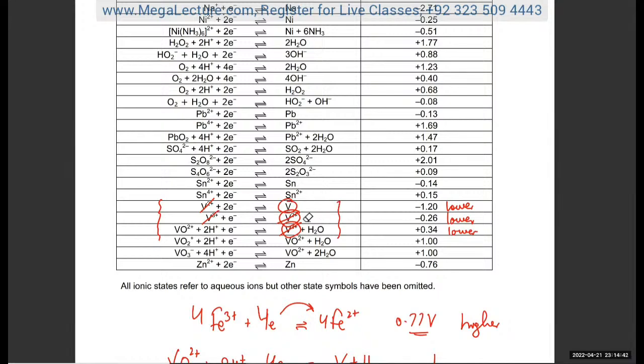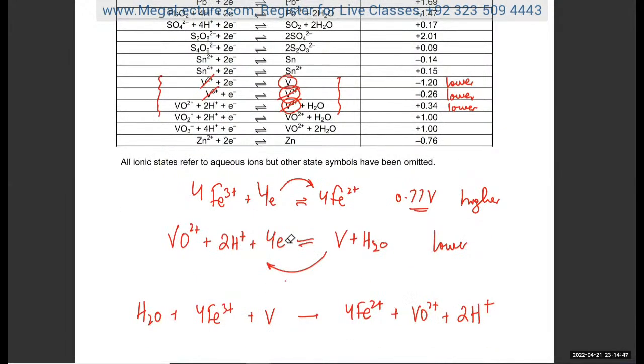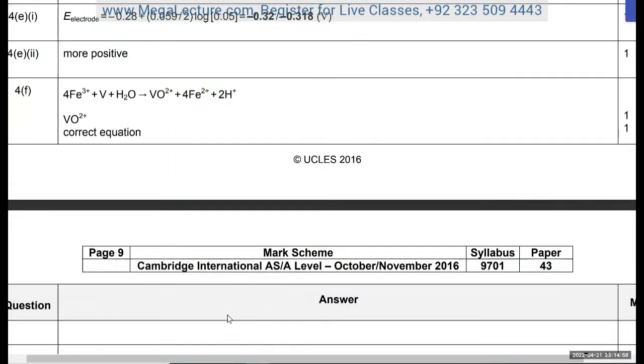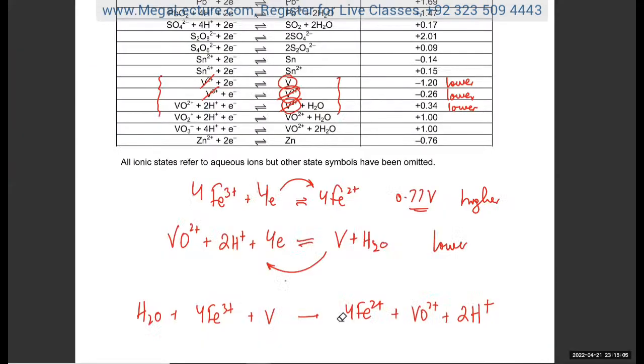Vanadium lost electrons to Fe, then vanadium 2+ was formed, and it lost electrons. So they all lost electrons, right? Sir, but in the marking scheme the equation is written backwards. In what way backwards? Fe3+, V, H2O, it's the same thing. Okay, right, it's the same thing.